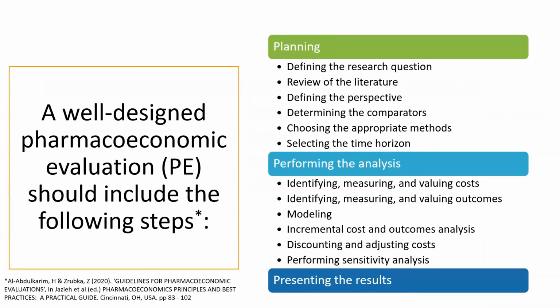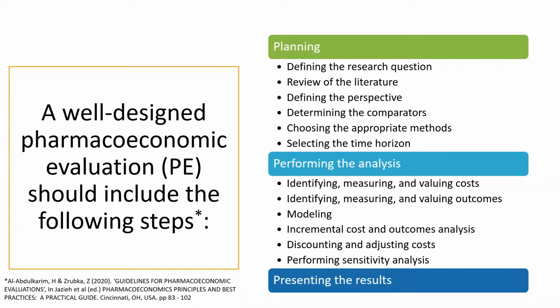So this shows the 3 stages of a well-designed pharmacoeconomic evaluation. Just like any other study, it starts with the planning phase, by defining the research question, reviewing the literature, defining the perspective, determining the comparators, and also the appropriate methodology, selecting the time horizon.